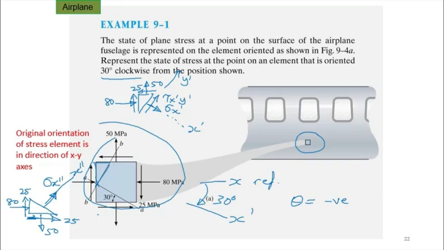Okay, and we can also put this as the positive direction of tau x2 prime y2 prime. However, the angle now is this angle here, right? It's counterclockwise, but this is not 30 degrees. 30 degrees is downwards. This is now 60 degrees.